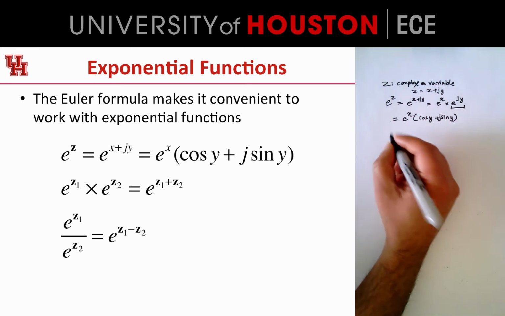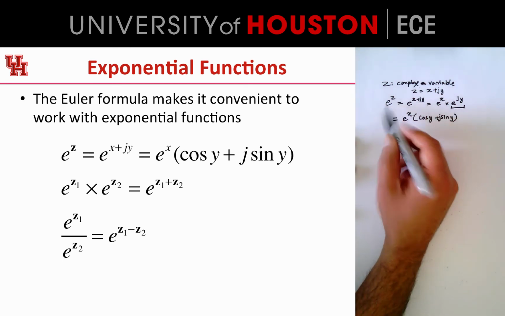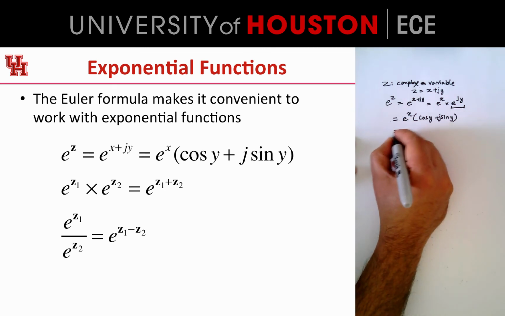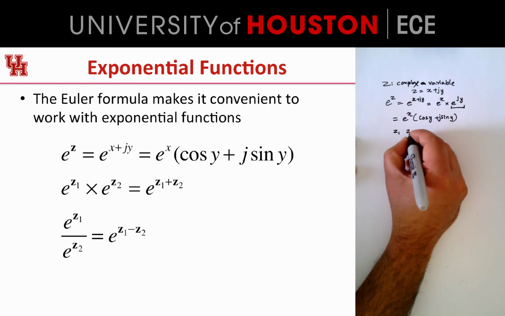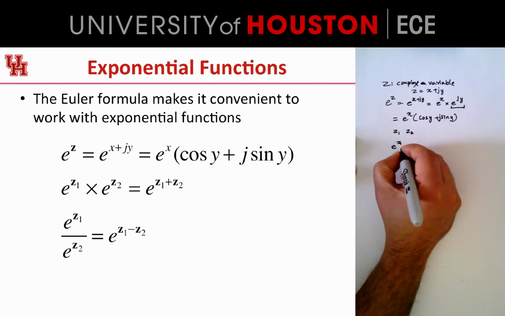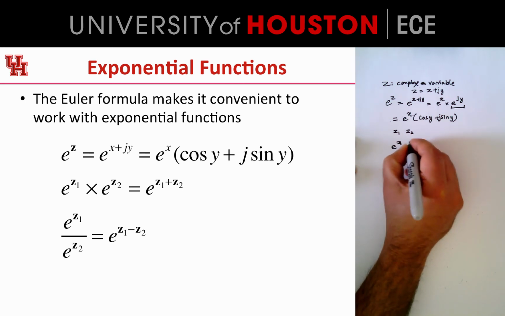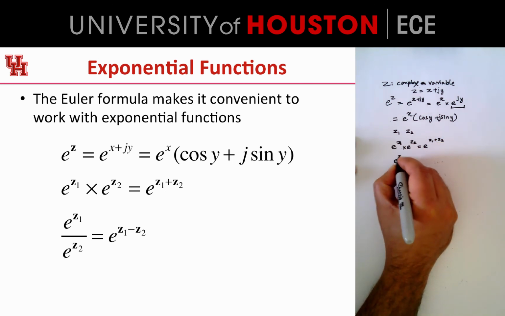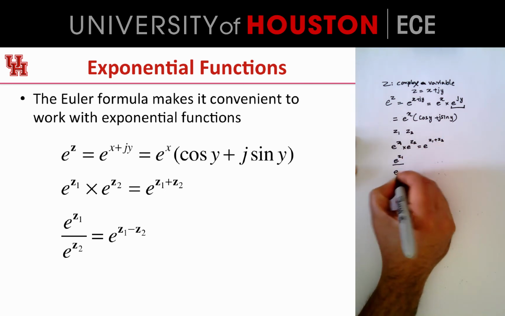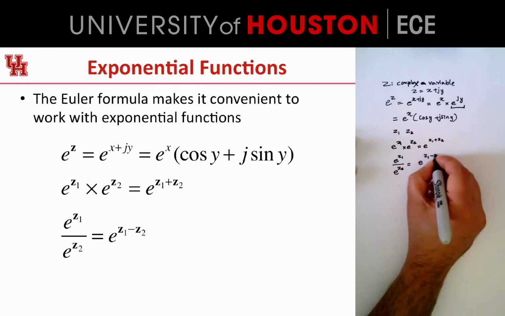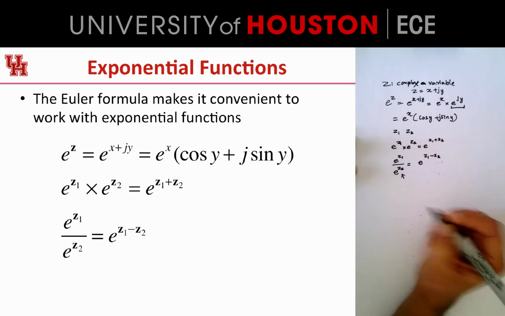Now, these functions behave very much like their real counterparts. So if I have two complex numbers, z1 and z2, then e to the z1 times e to the z2 is going to be e to the z1 plus z2. And if I want to divide, e to the z1 divided by e to the z2, then it's going to be e to the z1 minus z2, and of course, we better watch this denominator.